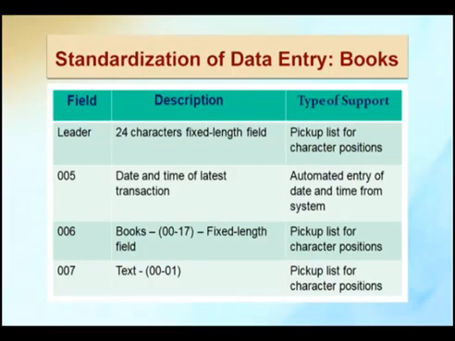So the moment it is able to take data from the system itself, your job as a cataloger becomes much easier. Let us explore what the fields are that require the support of a standard list.